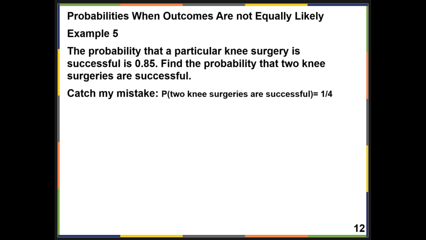Example 5. The probability that a particular knee surgery is successful is 0.85. Find the probability that 2 knee surgeries are successful. Catch my mistake. So I'm saying P, the probability of 2 knee surgeries are successful, is 1/4.